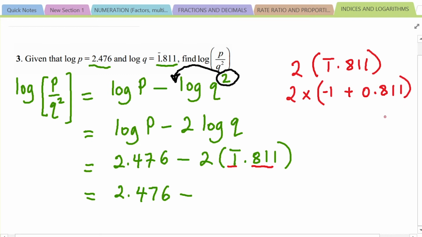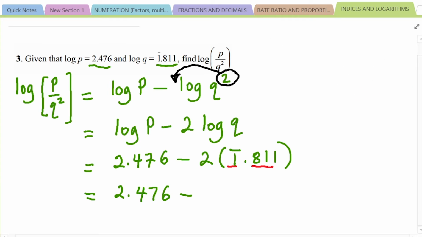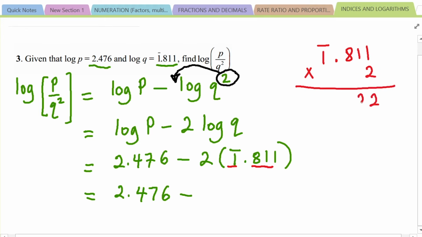Let me do it in a structural way: bar 1.811, multiply that by 2. 2 times 1 is 2, 2 times 1 is 2, 2 times 8 is 16. So I'll write 6 and carry the 1 here.